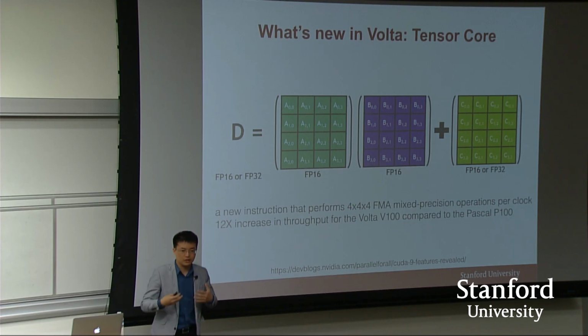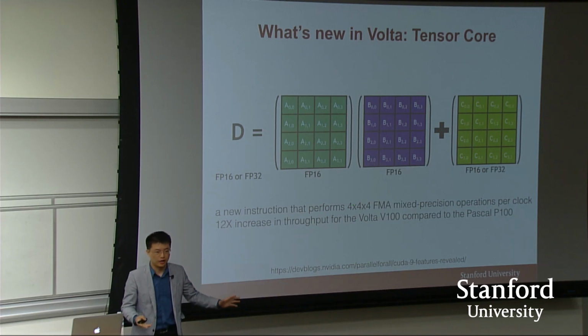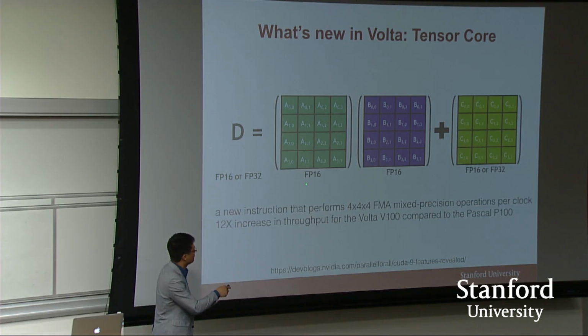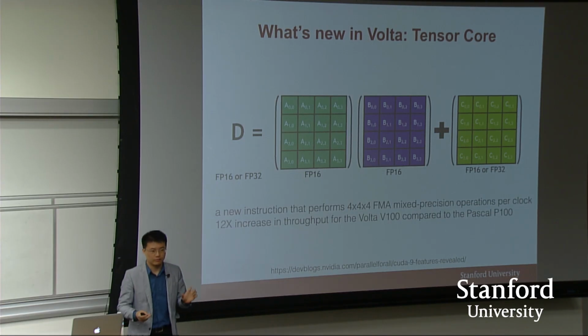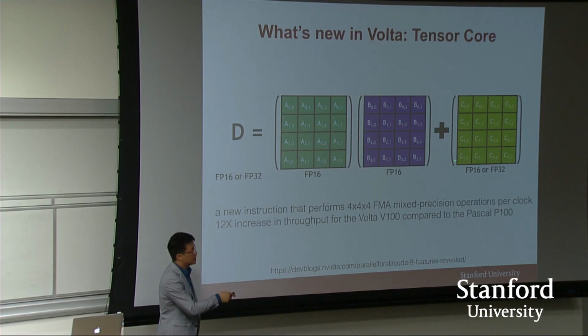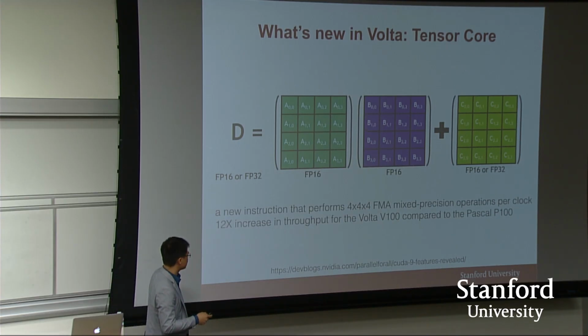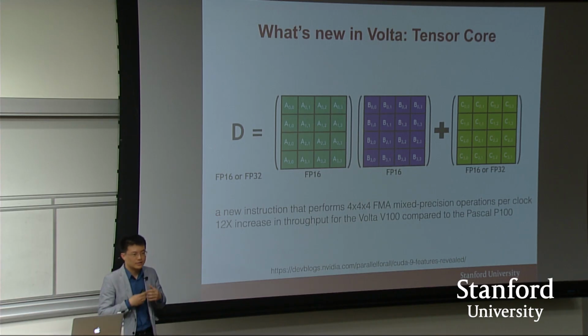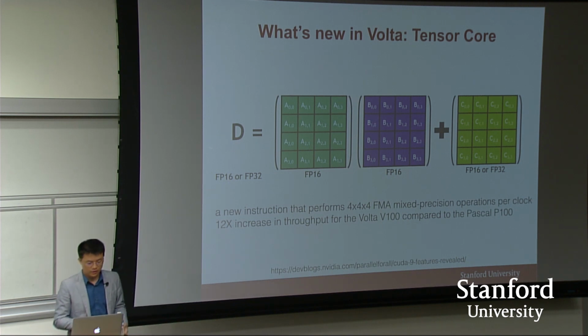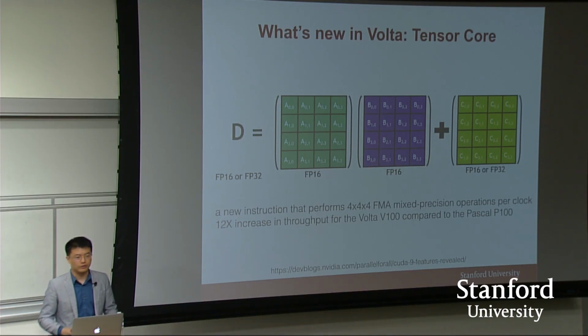Mixed precision is exactly as we mentioned in the last chapter. We use FP16 for the multiplication, but for accumulation, we do it with FP32. That's where the mixed precision comes from. So let's see how many operations it is: 4 by 4 by 4, that's 64 multiplications done in one single cycle. That's a 12x increase in speedup of the Volta compared with the Pascal, which was released just last year.